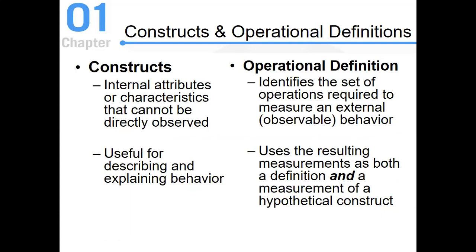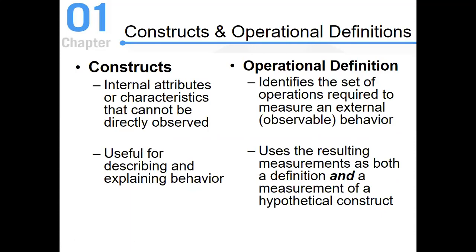Perhaps in another study, aggression is going to be measured through a survey, asking individuals how often or how frequently they have engaged in different kinds of aggressive acts over the past 3 months. So constructs are the variables we want to study. The operational definition is, all right, let's get down to practicalities and logistics.